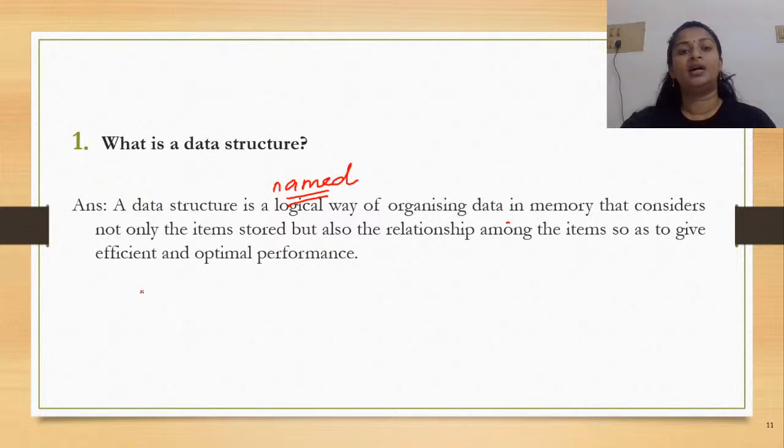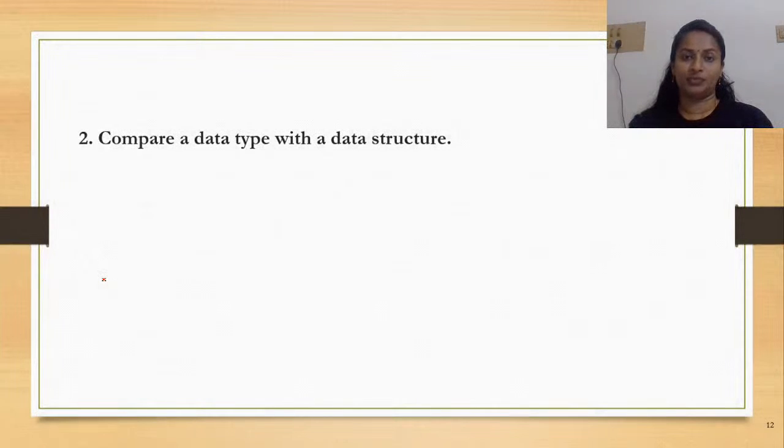It was divided into simple and compound data structures, and later the compound data structures were again classified into linear and non-linear data structures. These were the things that we came across as we were learning the introductory topics on data structure.